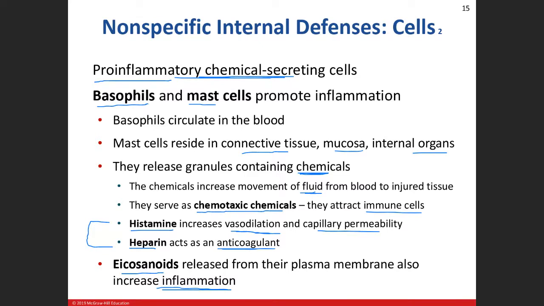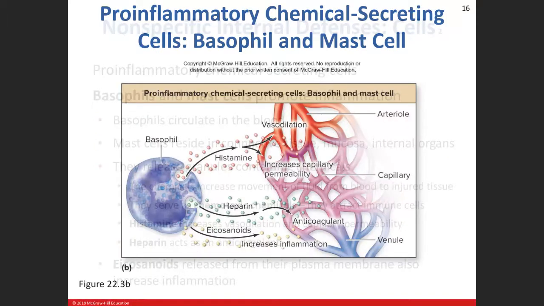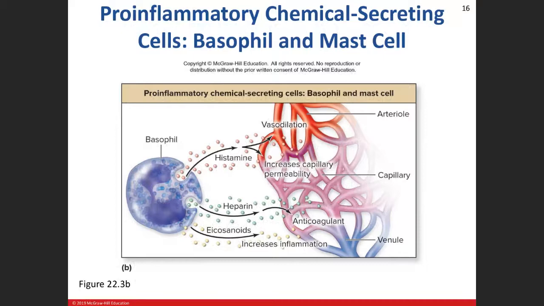Okay, so you can see how these cells are important in attracting and how their chemical release is going to affect those tissues. Here's our basophil with its histamine, heparin, and eicosanoids. They're supposed to be inside the capillaries, the blood vessels, and they release their chemicals in this vascular bed, causing vasodilation so more blood flow can occur.